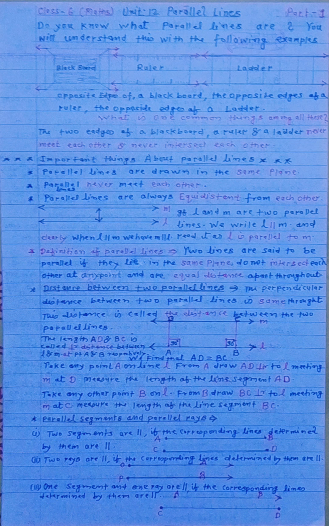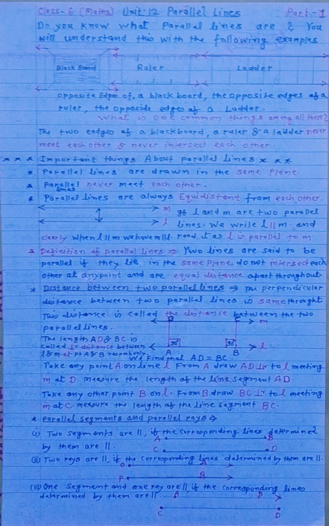Take any point A on line L, and from A draw AD perpendicular to L meeting M at D. Measure the length of the line segment AD. Similarly, we can repeat these things.